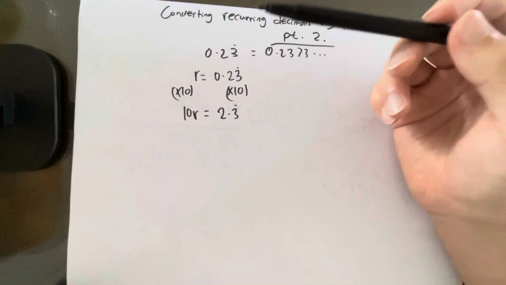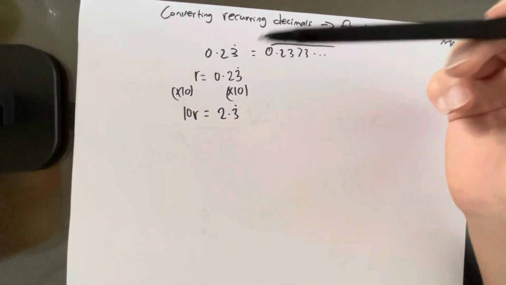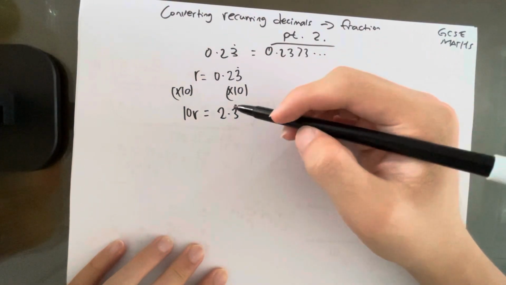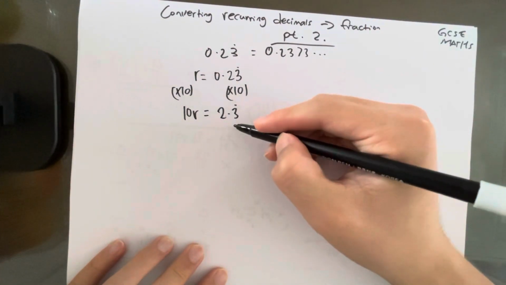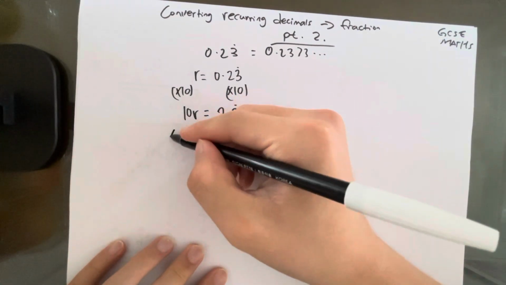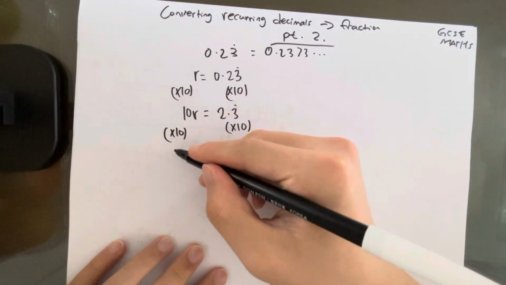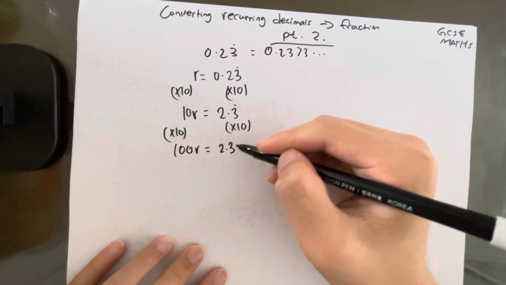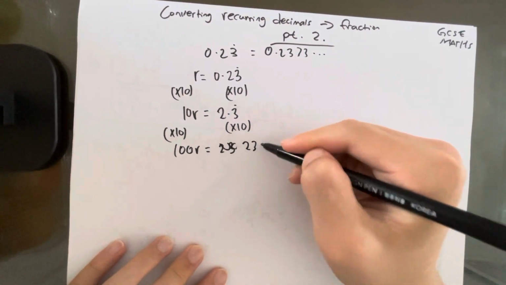So this 2 moved over, and we have the 2 on our ones place. But we need to get rid of all the recurring digits as well, so let's multiply by 10 once more. It's going to give us 100r is equal to 23.3 recurring.